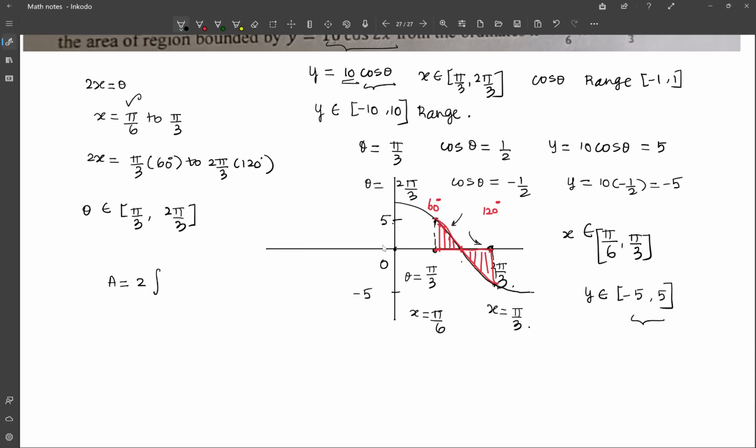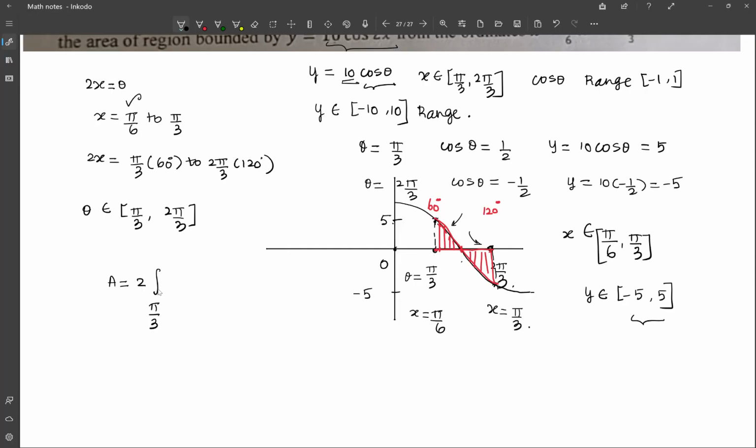So these two are symmetrical because the regions are 30 degrees apart from the midpoint, which is 90 degrees. So 2 times the integral, I'm going to use the theta function.